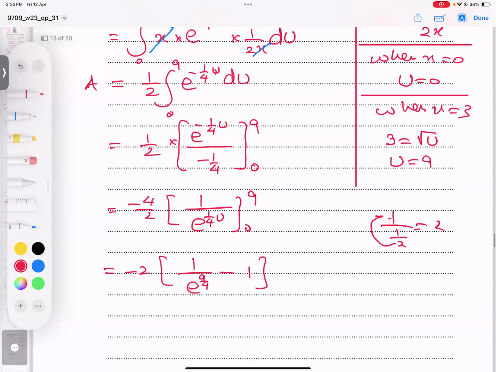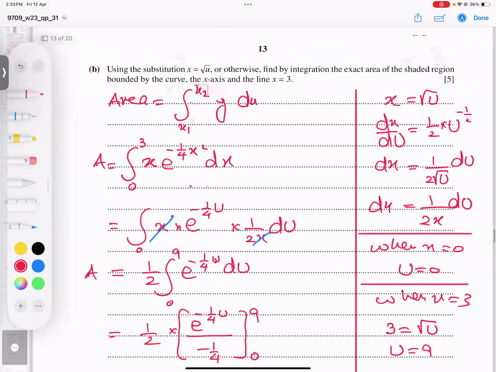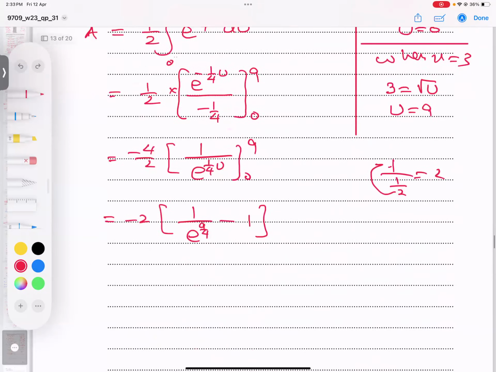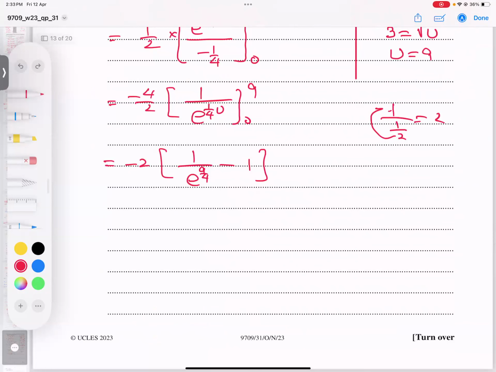So I hope it is clear. What he was asking is to give the answer as an exact area. So alhamdulillah, clear. And this negative 2 can multiply inside, because it is an area. So negative 2 multiplied inside, I get a 2 here, and negative 2 over e to the power 9 over 4.